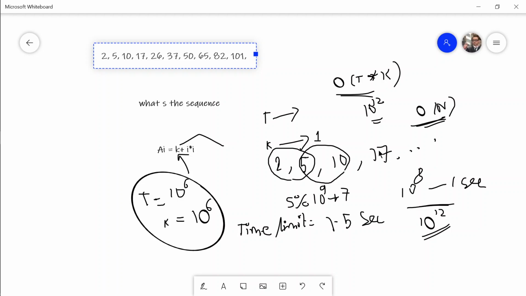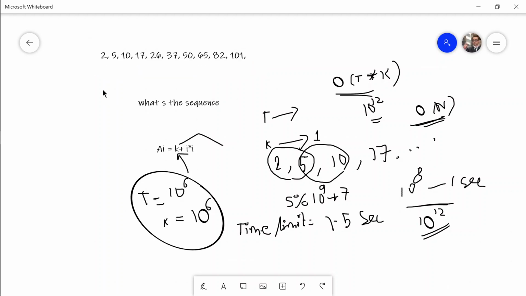This is the sequence corresponding to the value of k equals 1. Then 36 plus 1 is 37, 49 plus 1 is 50, 64 plus 1 is 65, 81 plus 1 is 82, and 100 plus 1 is 101. So let's see if we can observe anything here: 2, 5, 10, 17, 26, 37, 50, 65, 82, 101.